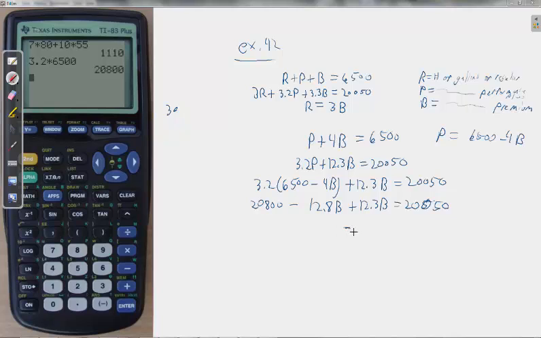So that would be negative 0.5B equals, well, it'd be 800 minus 50, so it'd be negative 750.